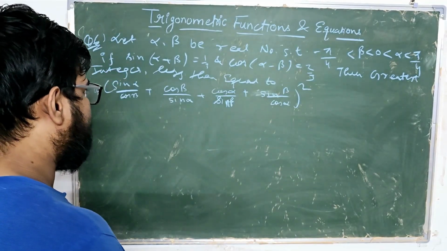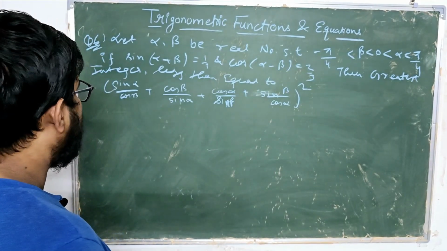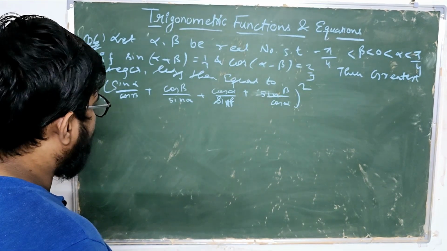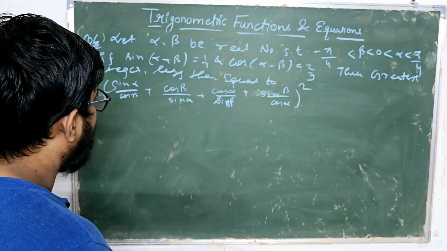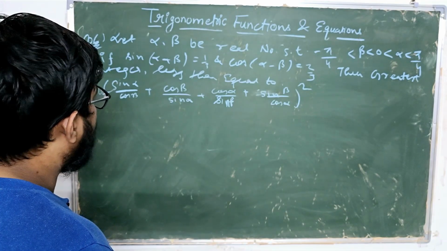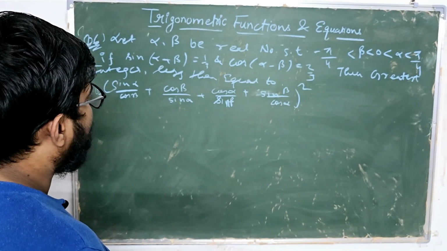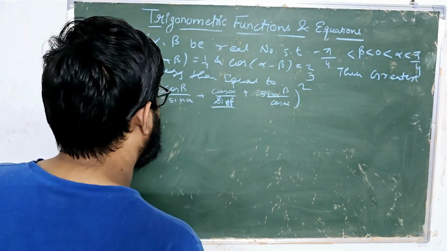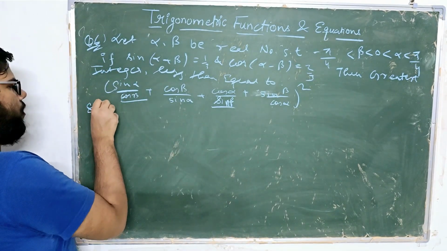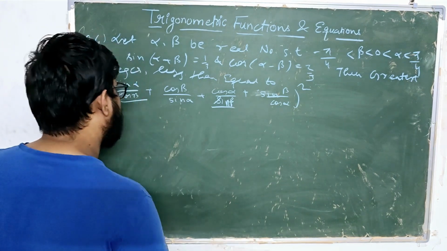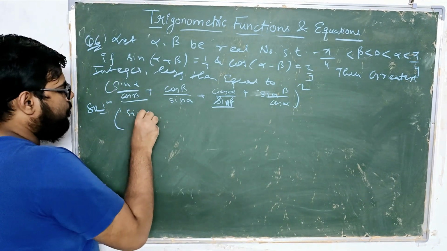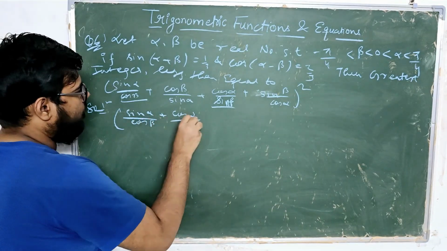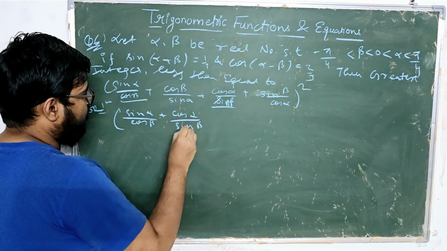So this is the question. Let's see how we will solve it. The first approach which I can think of is that I can see sin alpha and I see this term and this term. So let's add them and see what we get. It is just an attempt. So sin alpha plus cos alpha, sin beta.